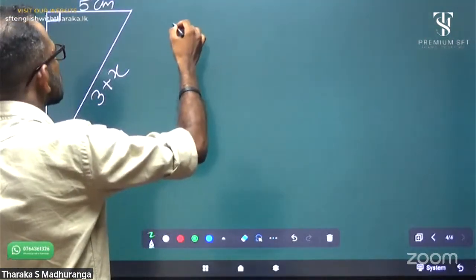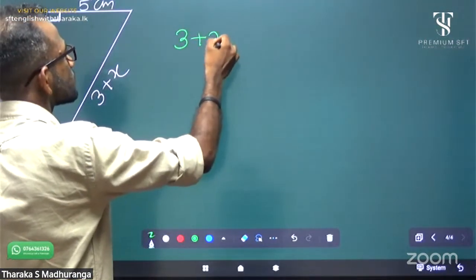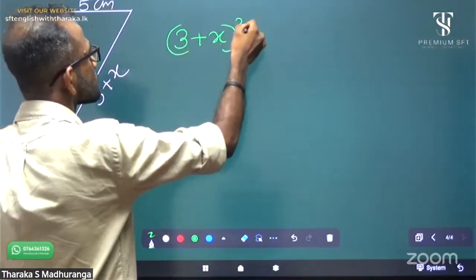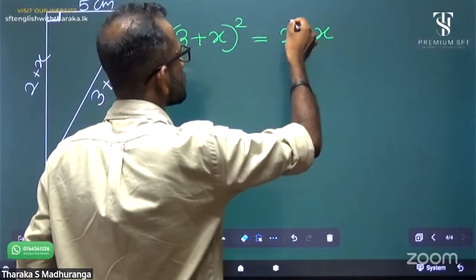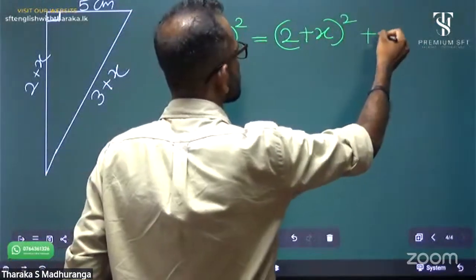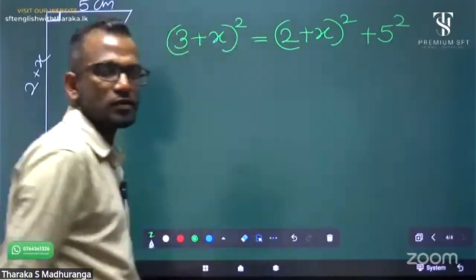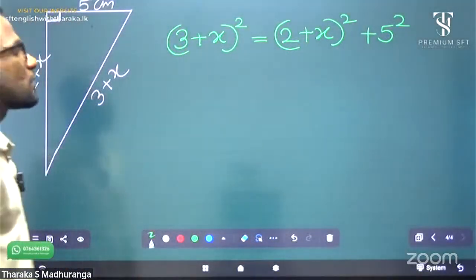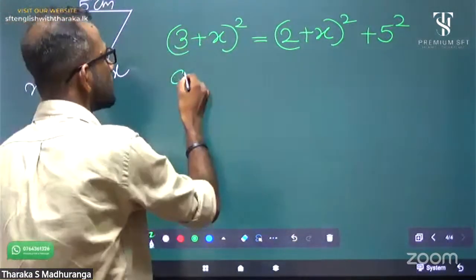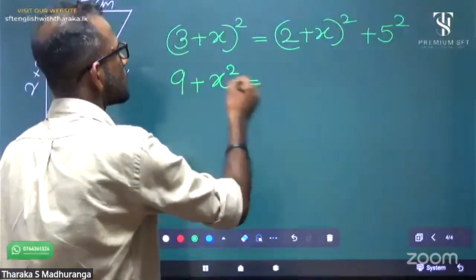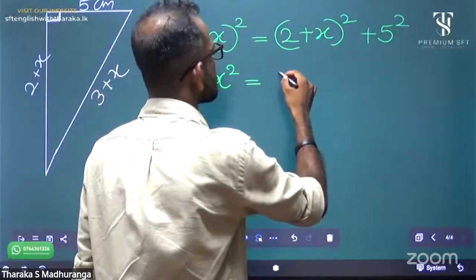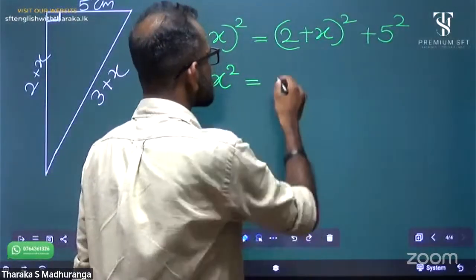Now (3 plus x) squared equals (2 plus x) squared plus 5 squared.